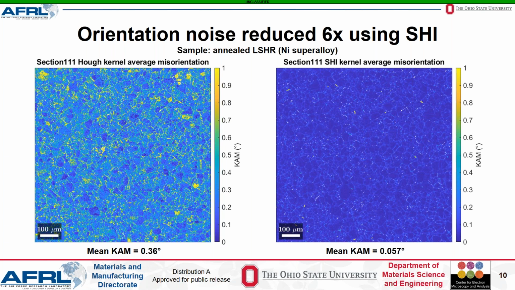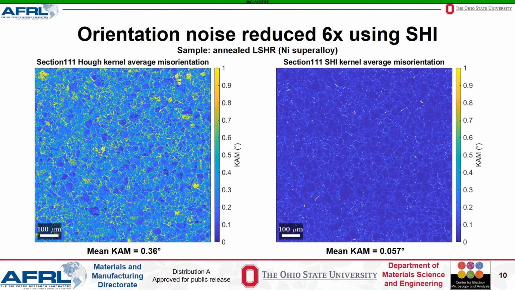While the average CAM using the Hough indexing was 0.36 degrees, when using spherical harmonic indexing on the same raw patterns, the average CAM drops to only 0.057 degrees, matching the 0.06 degrees noise threshold previously identified on a silicon wafer for spherical harmonic indexing under matching conditions.